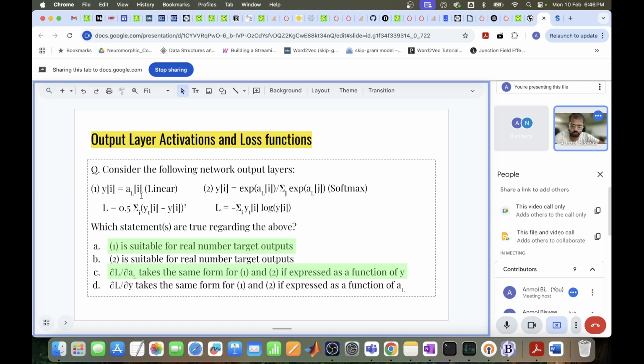Because if you just look at these functions, the first one is fairly simple. In fact, there is no activation function applied even, and then you have a very simple square error loss, whereas the second one we're applying this complicated softmax function. You're applying this loss function.